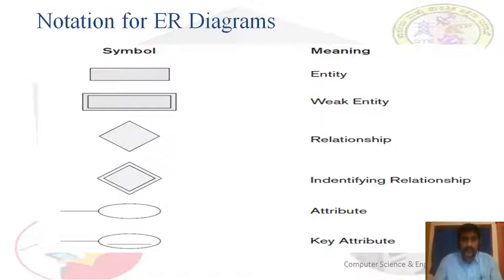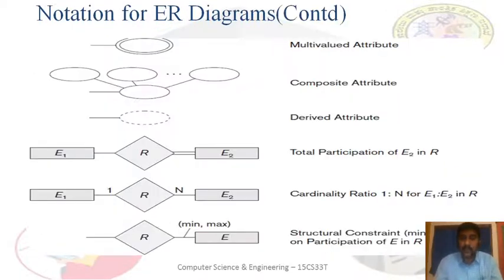Then a diamond shape denotes the relationship, as we have seen in the employee database, and a double diamond indicates the identifying relationship. Then the oval shape indicates the attributes, and if the oval is underlined, that indicates the key attributes. We have different types of attributes: key attributes, multi-value attributes.